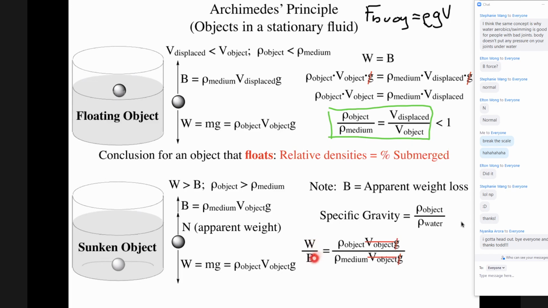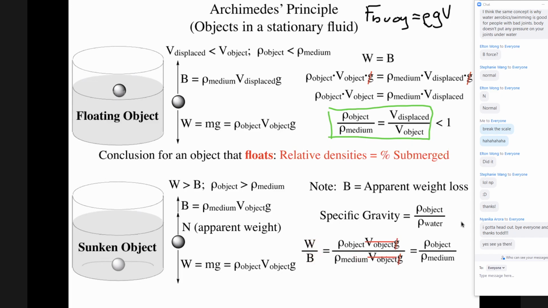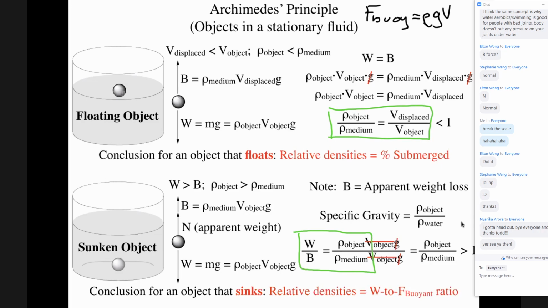Okay, so I have weight to buoyant force ratio equals relative density. That is my shortcut equation right here. So here's what I'm going to ask you to do. We're gonna apply this, but if you get anything on buoyant force, anything on Archimedes principle or an object in a fluid, I want you to answer the question first: is it a floater or a sinker?